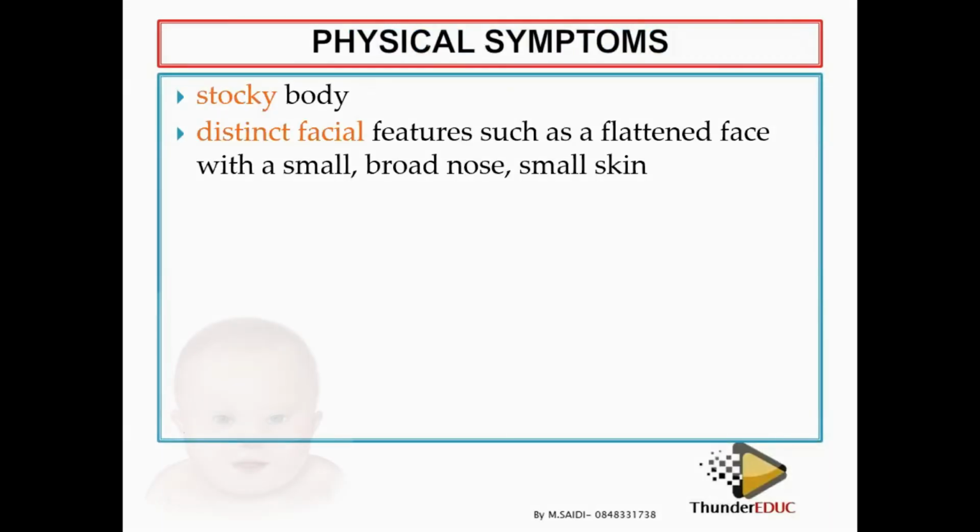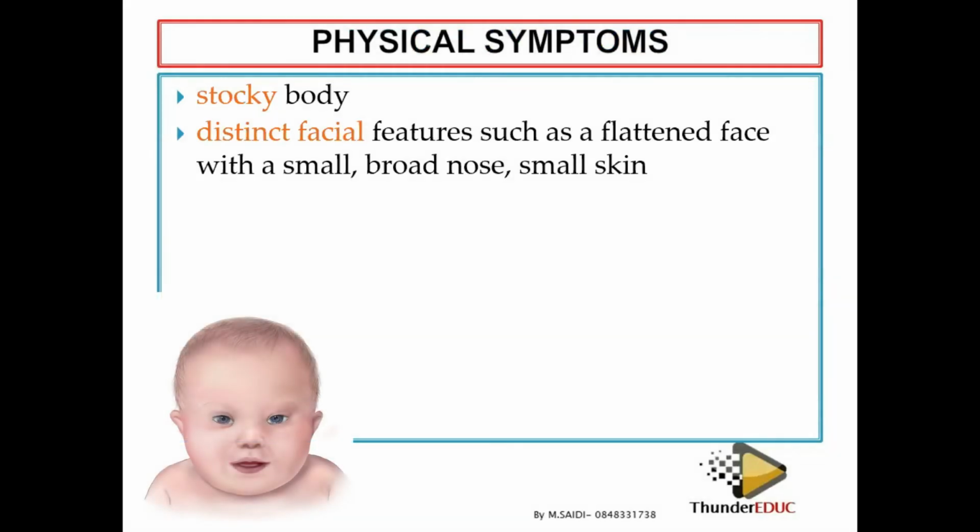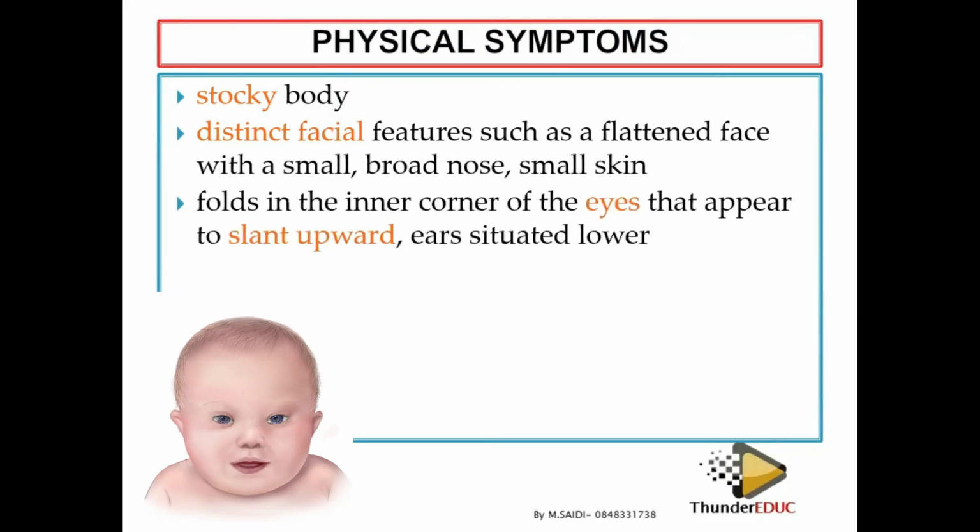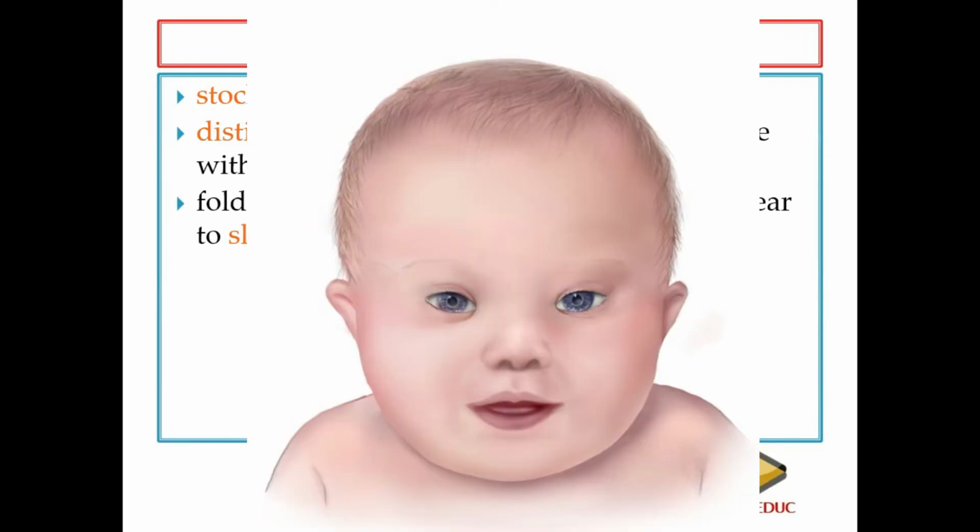So what are some of the characteristics of people having Down syndrome? Stocky body. The body is stocky. Flattened face with a small and broad nose, small ears. Yeah, you have ever seen these people. Let's look at a picture which has Down syndrome here.